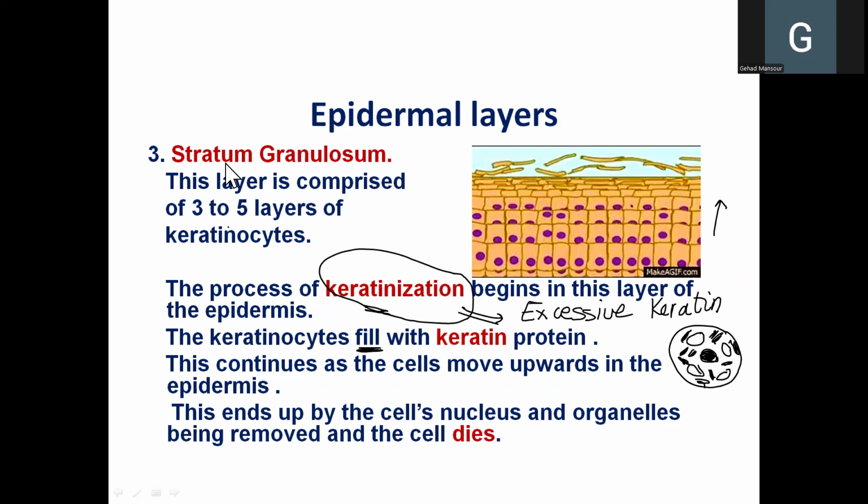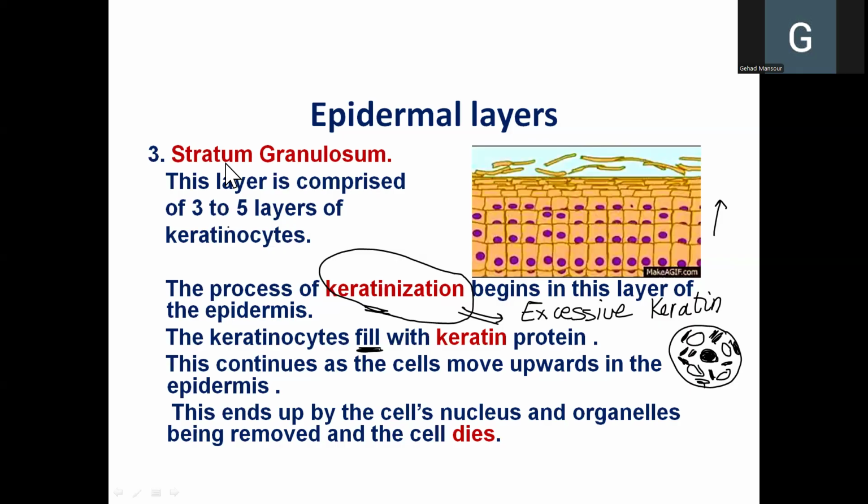So never define keratinization without saying that there is accumulation of excessive amounts of keratin in the granular cell layer until there is suffocation of the cell, until there is inability of the nucleus and the organelles to carry out their function, and therefore death of the cell.